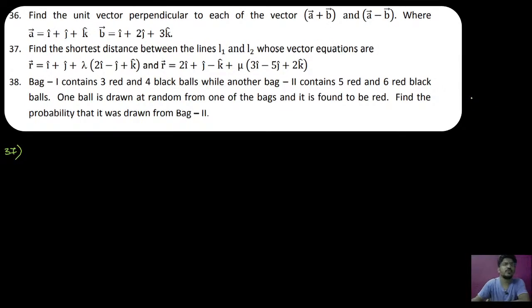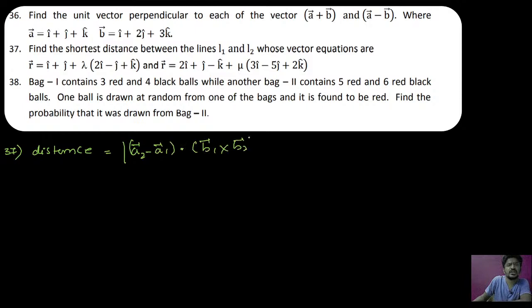So now we can go for problem number 37. Yesterday we have already solved one problem, that is distance equal to mod of vector a2 minus vector a1 dot of vector b1 cross vector b2 divided by mod of b1 cross b2. In yesterday's video we have solved one problem on finding the distance between 2 lines.